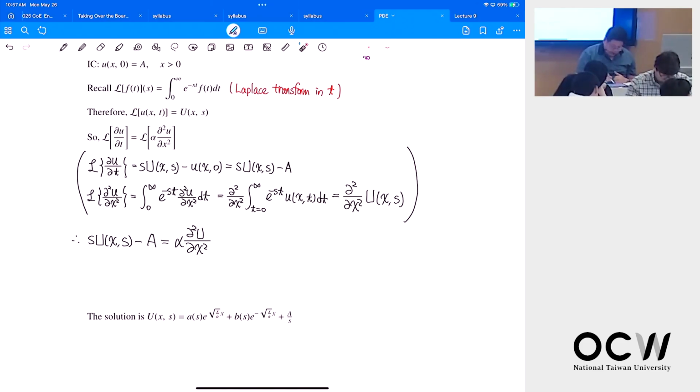And you can check this solution is bounded when x goes to infinity.